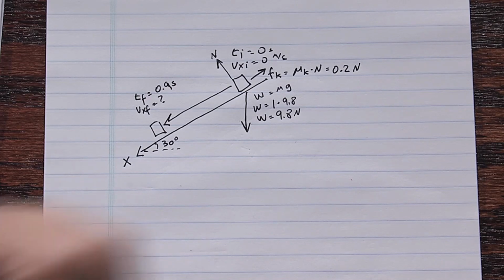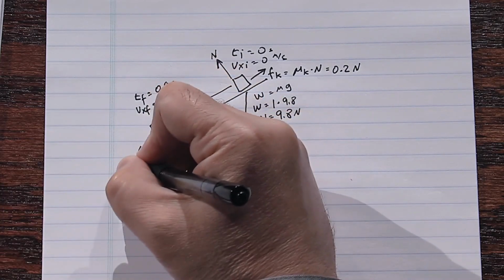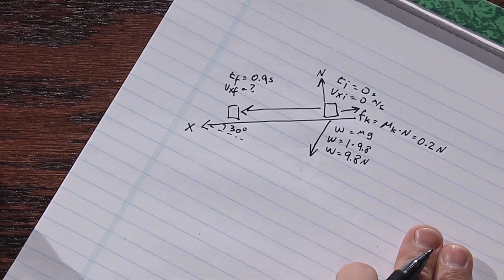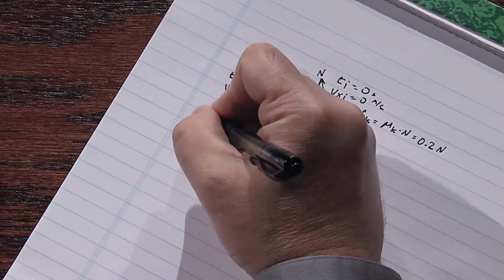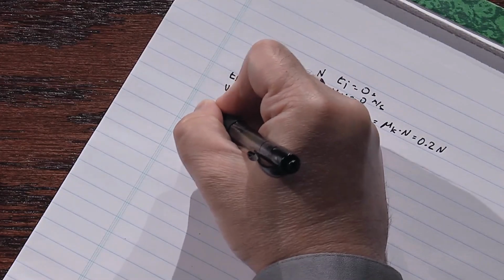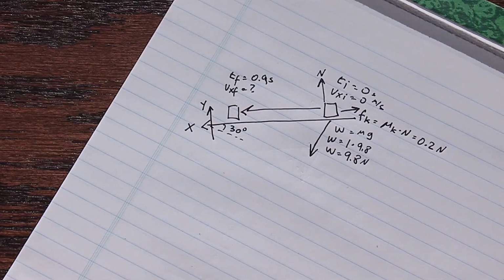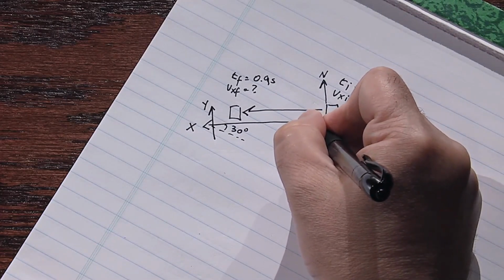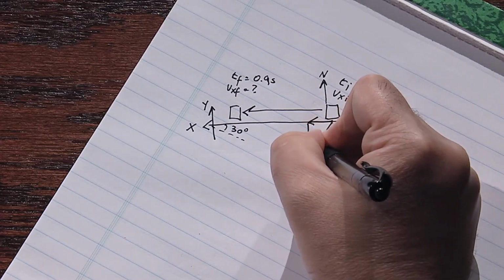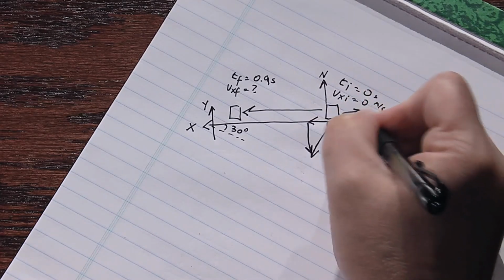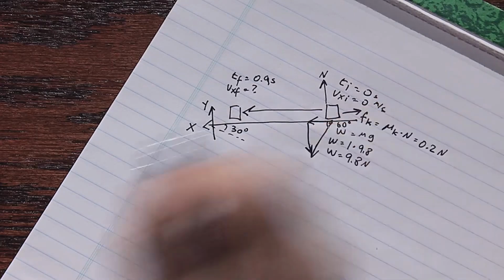We have to draw in our y-axis. To do that, I'll tilt the page so that x-axis is horizontal. Draw in our y-axis being vertical now. And we know that we'll have to break up weight into a horizontal and a vertical component, with this being a 60-degree angle.